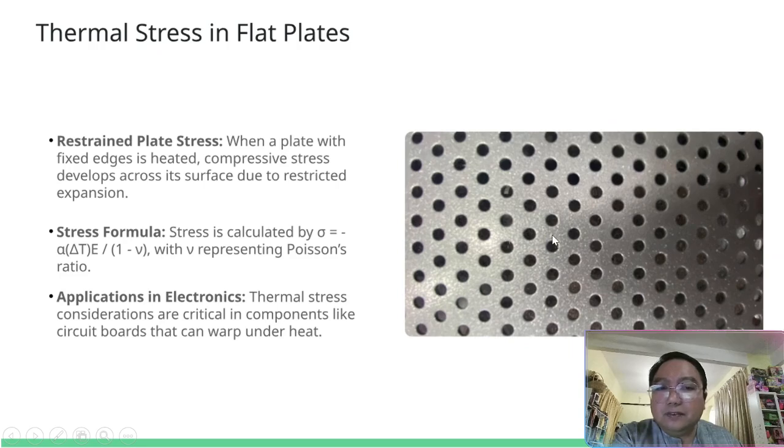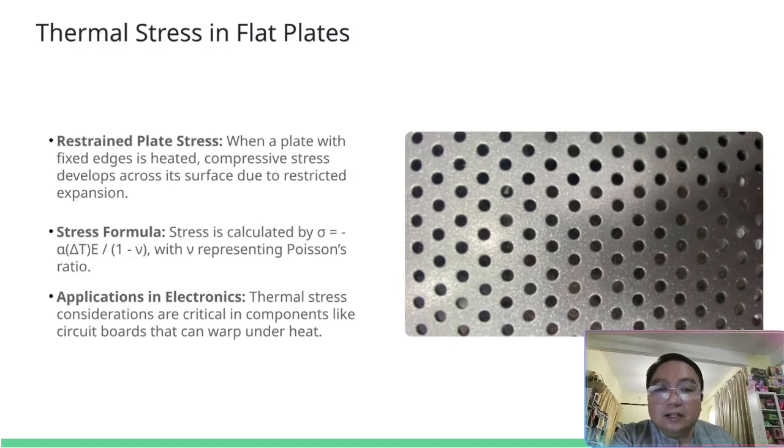What is a flat plate? In the picture here, it is like the chair that you find in airports, usually with holes in it, in the waiting lounge or at the bus stop.